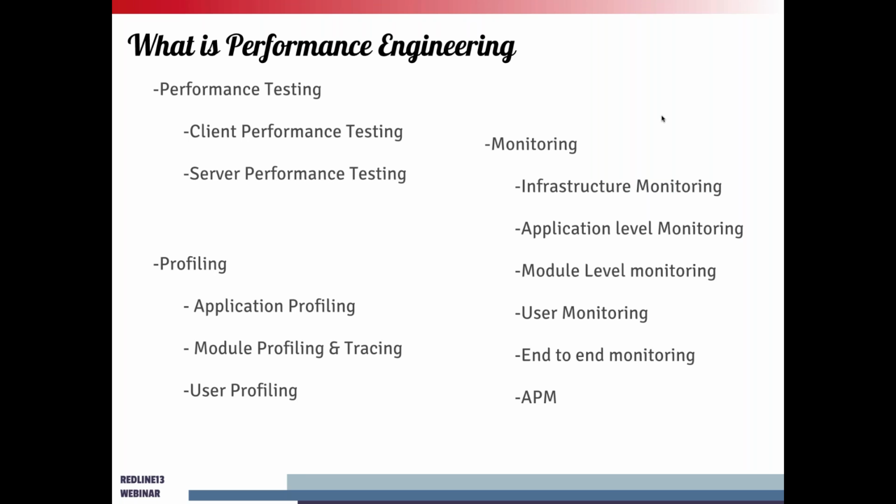If you look at all of those parts of performance engineering, first of all we need to know about the architecture itself. Based on the architecture, we define all of the components, like traditional architectures which have client-server models. That means there will be client-side performance testing and server-side performance testing.